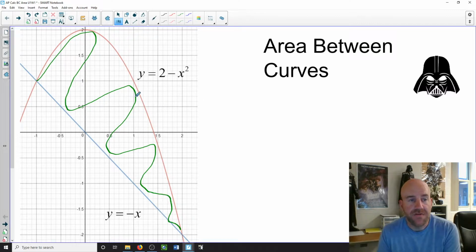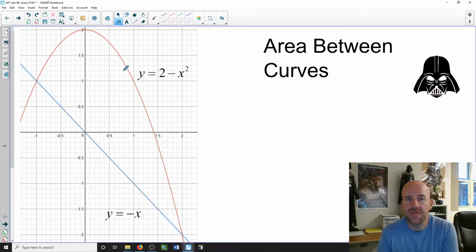So we need boundaries. If we look at the graph, we could easily find where the intersection points are, or the boundaries of the two curves. This would be one here at x equals -1, and the other one over here at 2. It's where the two functions cross each other or intersect each other.